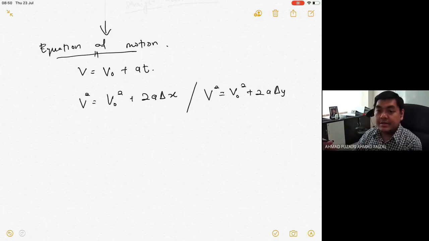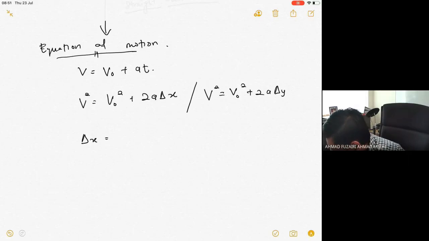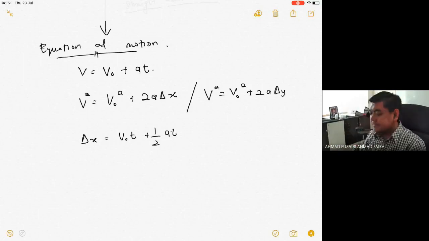That depends on the axis. If the motion is in the x-axis, we use delta X. If the motion, like just now, is on the y-axis, we use delta Y. Simple as that. And of course, delta X is equivalent to V naught T plus half A T squared.